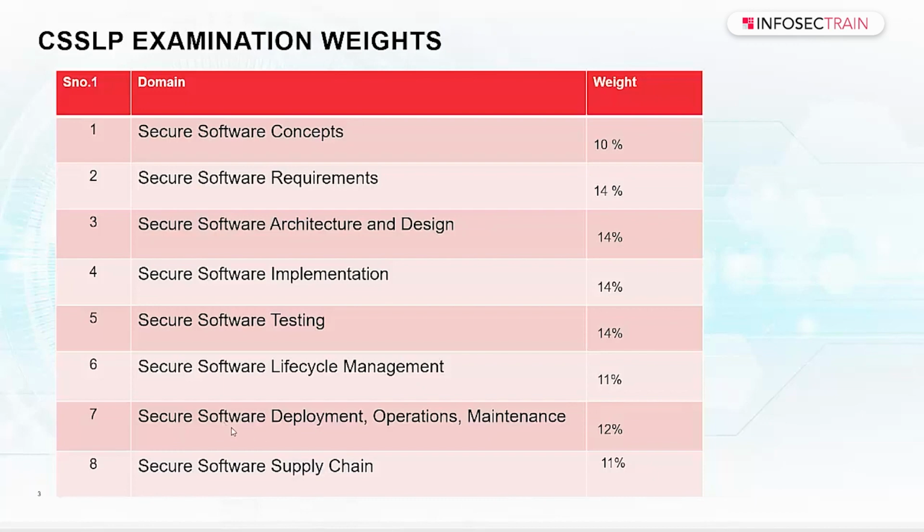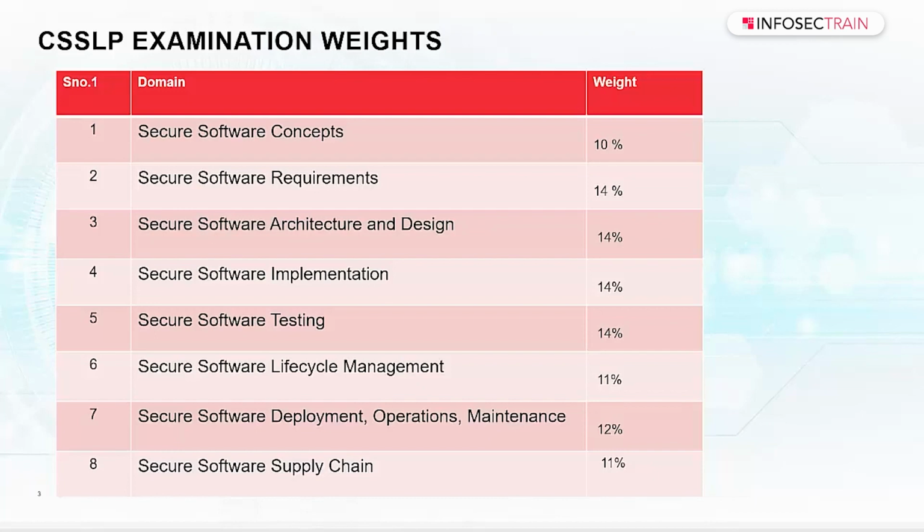Finally, we have Domain 8. This is the condition where we need to procure the application from a vendor. You can say Domains 1 to 7 are a sequence. Domain 8 is all about the secure software supply chain. This is applicable when we're planning to procure the application from a vendor. What is required for that?